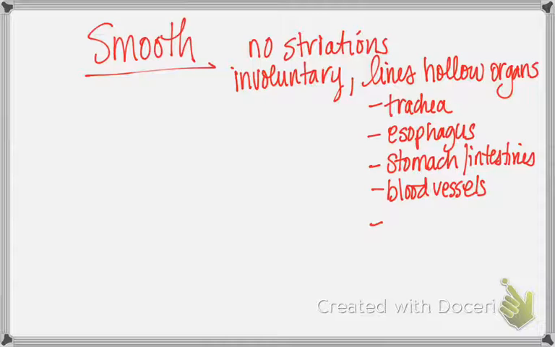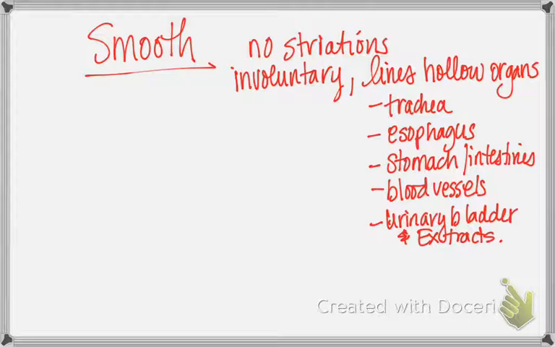You have it lining the urinary bladder and excretory tracts, like the urethra. You have it lining the uterus and your reproductive tracts, like not as much the fallopian tubes, but the vagina and things like that. Okay?